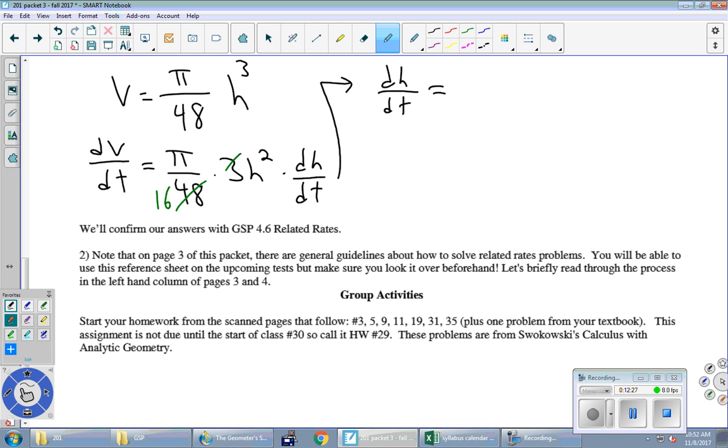Okay, so for dh/dt, we're going to divide both sides by the pi and the h squared, and we're going to multiply by the 16. So I think I get this, 16 over, where's the h squared going? Down here, pi h squared times dV/dt. I think I've got it. So divide by pi h squared, multiply by 16.